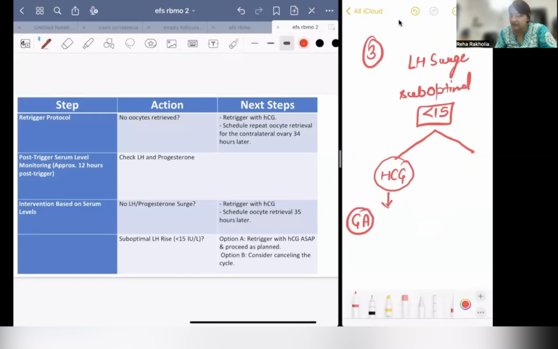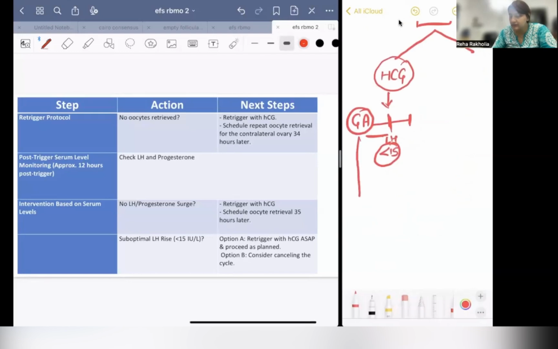That means after the GnRH agonist trigger, 12 hours after we checked LH and it is less than 15. So we usually do oocyte retrieval 37 hours after the GnRH agonist trigger.